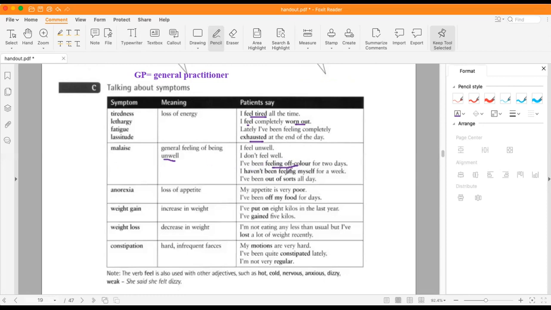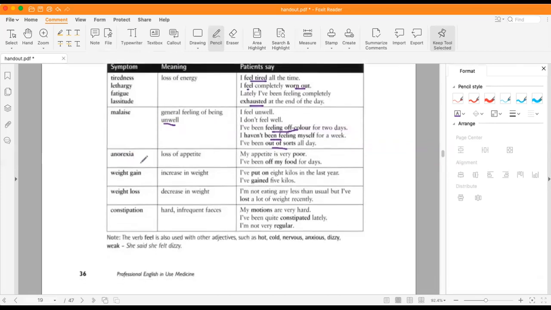I haven't been feeling myself. This is another expression. I've been out of sorts all day. All of these expressions refer to or mean feeling or being unwell.